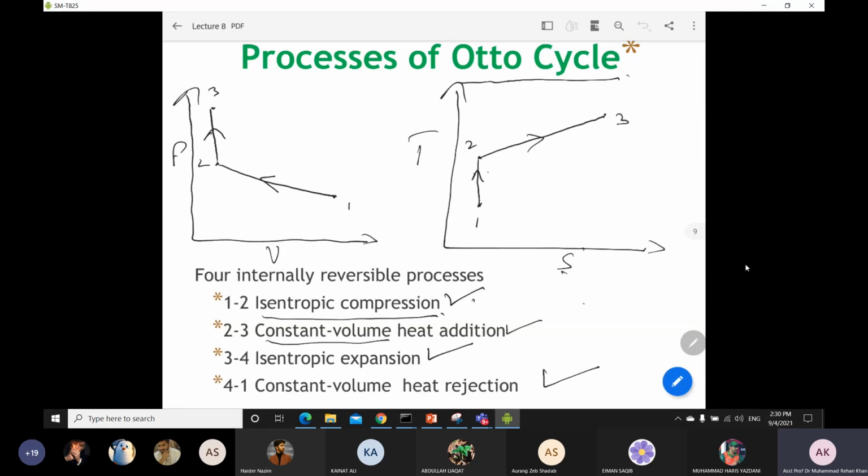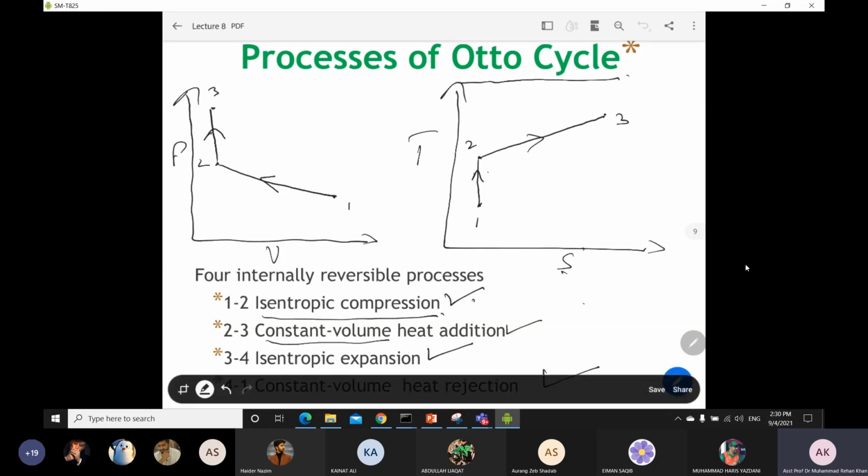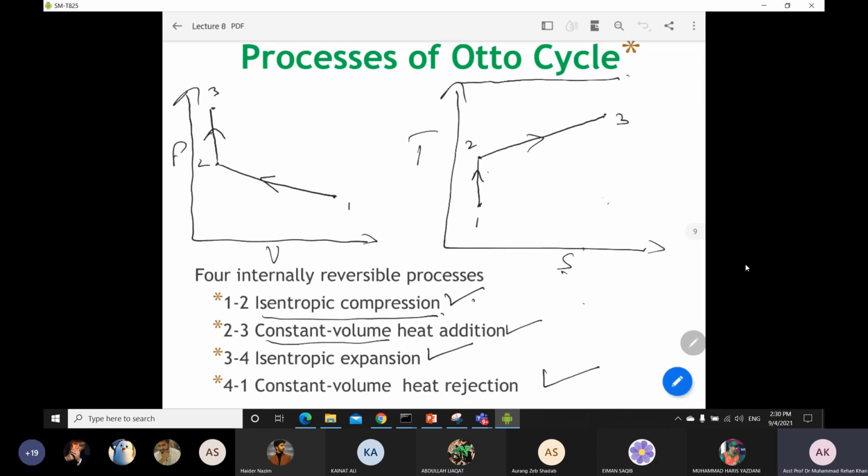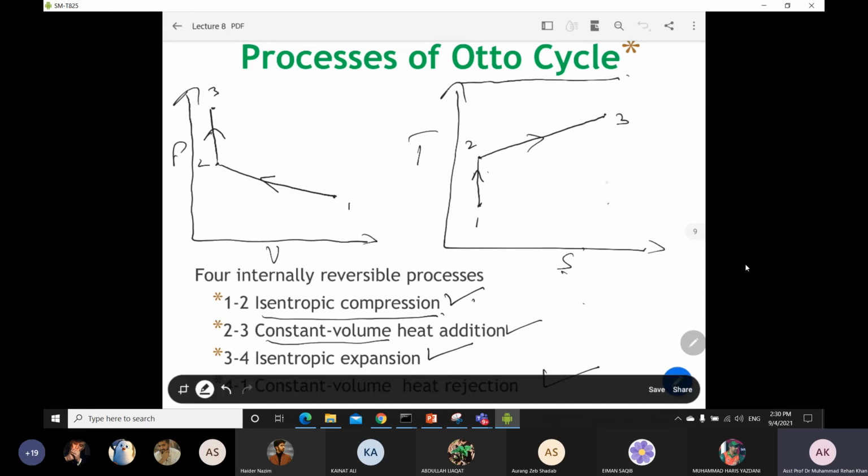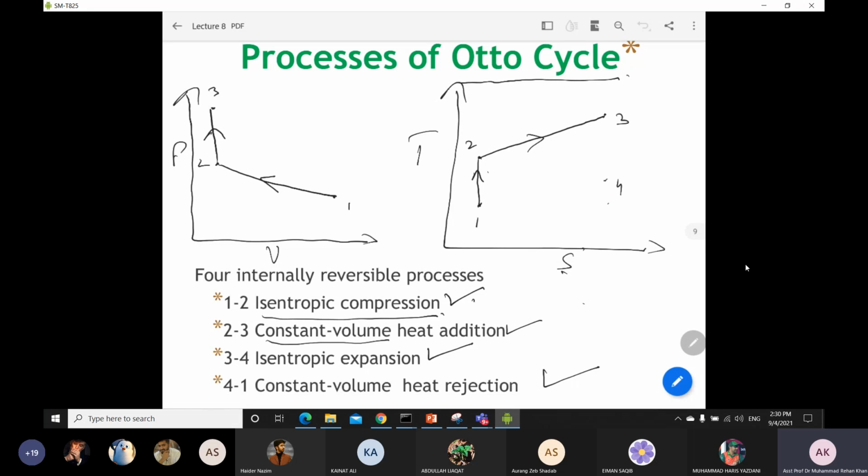Okay, so now the third process, which is your isentropic expansion process. If you draw on the TS diagram, it will be shown as an isentropic process, and for the expansion process your temperature decreases. So your point number 4 will be somewhere over there, and then you can join these two lines, and it will be 3 to 4, your expansion process.